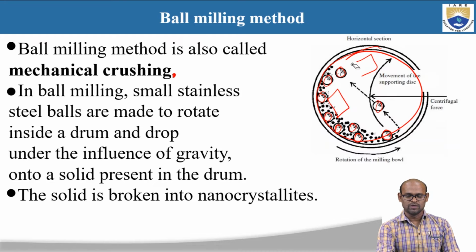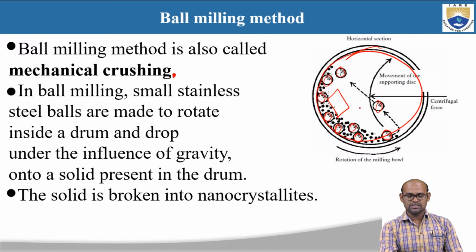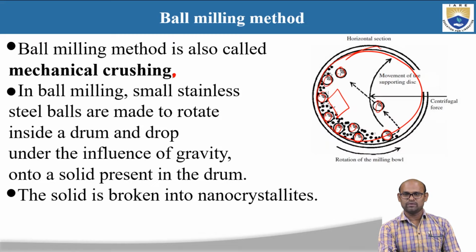In the beginning, you do not have any particles, so you have a bulk material in this rotating drum with stainless steel balls. Because of the influence of gravity, when this drum rotates, this material will also come here. So the material will be mostly here.